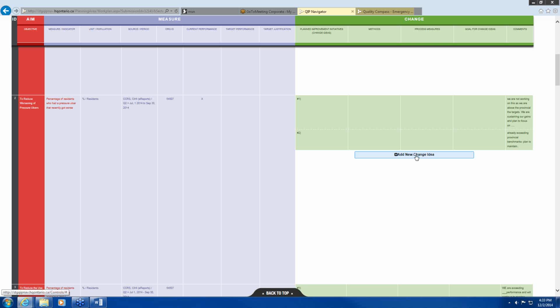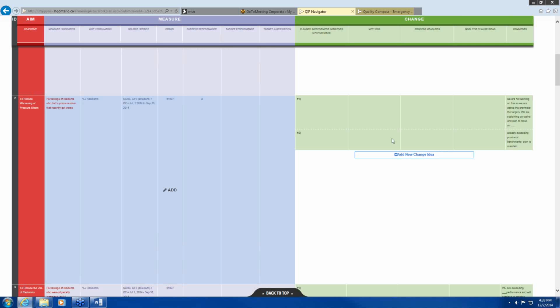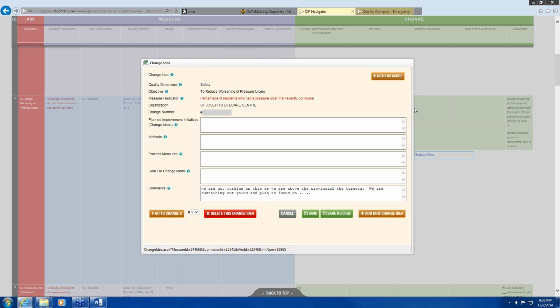So what Marg is showing you, so you've decided you're not going to work on this. In the existing indicator, you do not complete your change ideas, your methods, your process measures, or your goal for change ideas, but you do put in your comments. For example: we are not working on this as we are above the provincial targets, or we are sustaining our gains and plan to focus on something else.